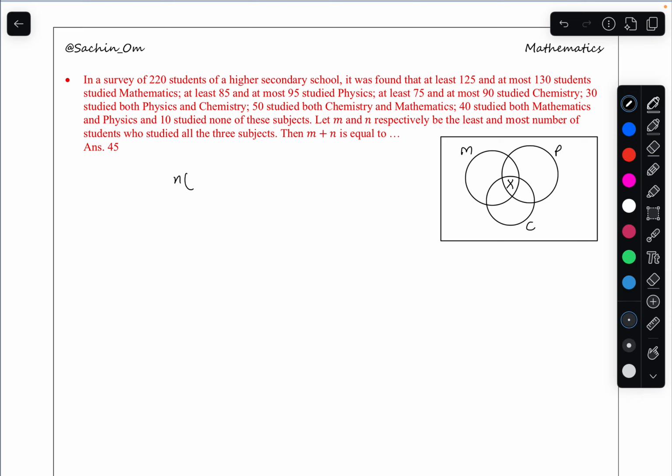The number of people who study maths alone is bound between 125 and 130. The number of people who study physics only is bound between 85 and 95. The number of people who study chemistry only is bound between 75 and 90.